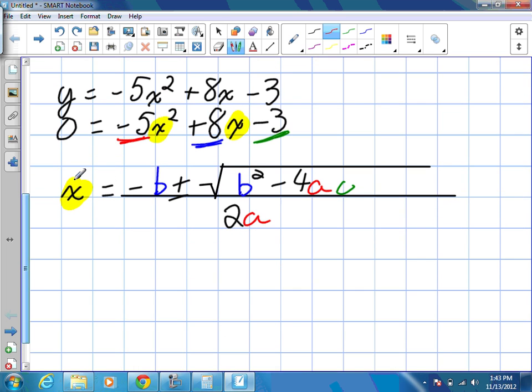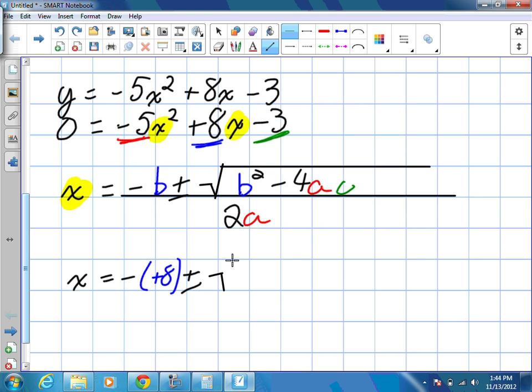We're going to get x is equal to negative. Well, the b value is what? Positive 8. So I'm going to put positive 8 replacing there. Plus or minus. And I know I'm taking a lot of time. But as you get good at this, you can really fill this out much quicker. And we'll do a couple other examples when we get fast at this. Okay.